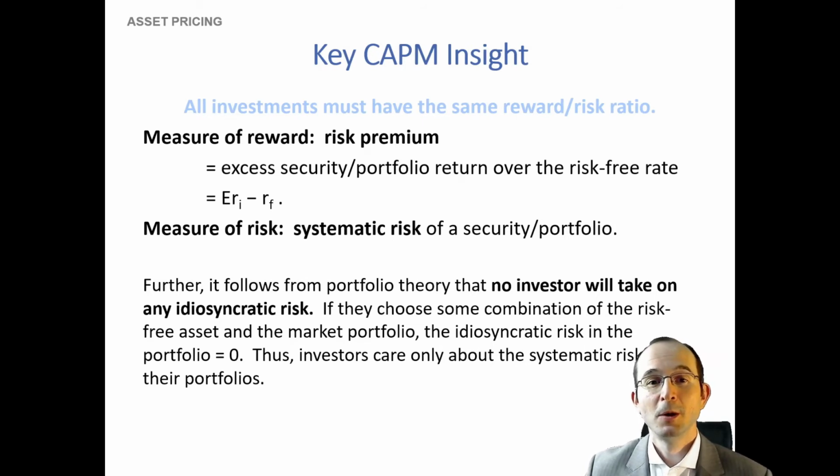So what does CAPM essentially tell us? What did we get in exchange for making these sometimes unrealistic assumptions about investor behavior? Well, the main insight from the CAPM is that all investments must have the same risk-reward ratio. Now remember, we conjectured this using the single index approach, but that one's more of a descriptive idea.